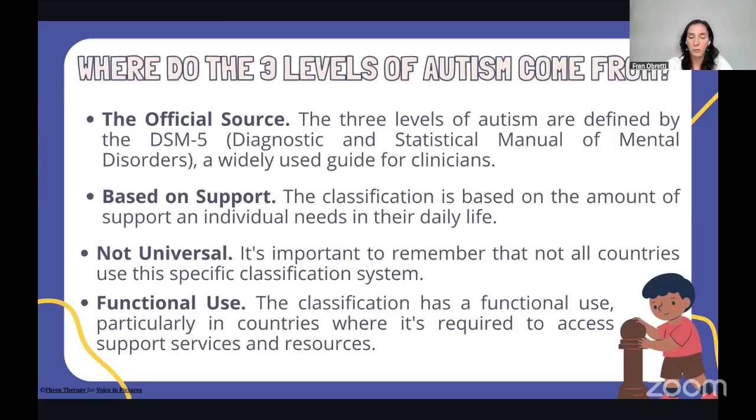It is not a universal classification. Not all countries use it. Some other countries don't have the classification of the three levels, but it does have a functional use, particularly in countries where it's required to access support services and resources. So it might help you navigate what you need in terms of resources and support available out there when there is a diagnosis of autism.